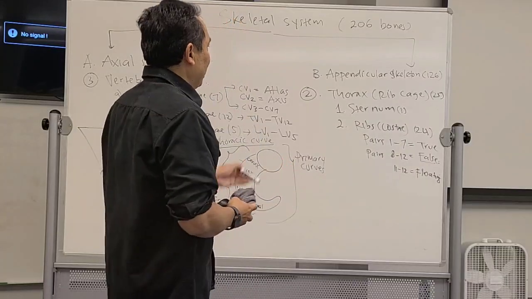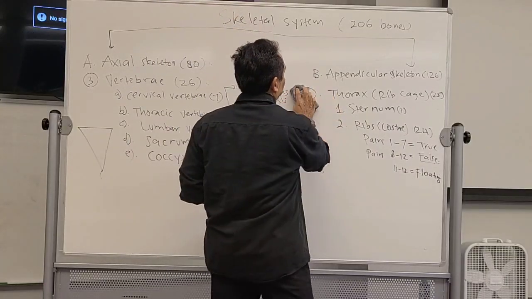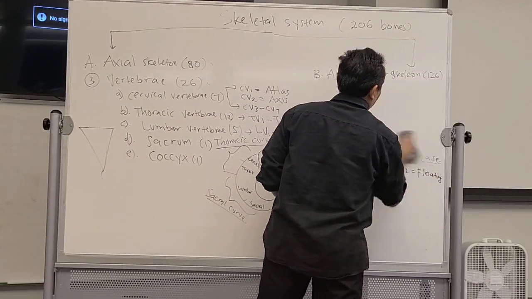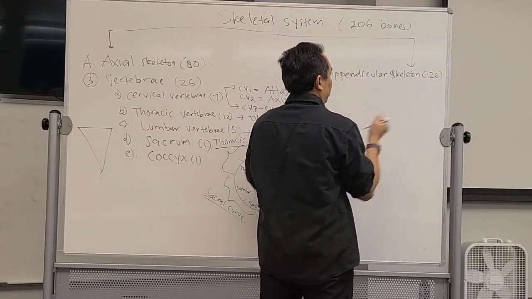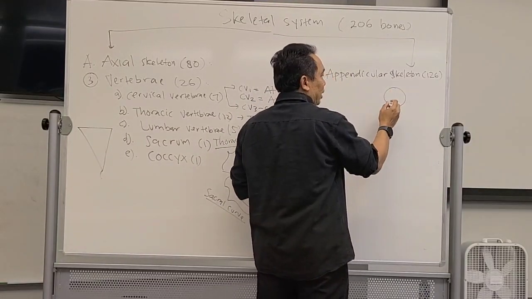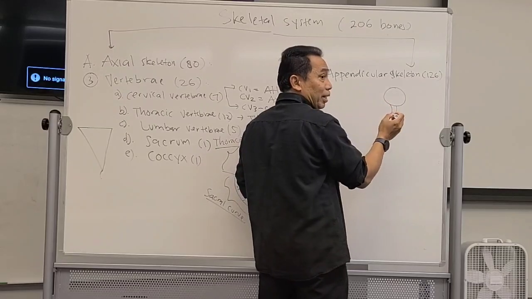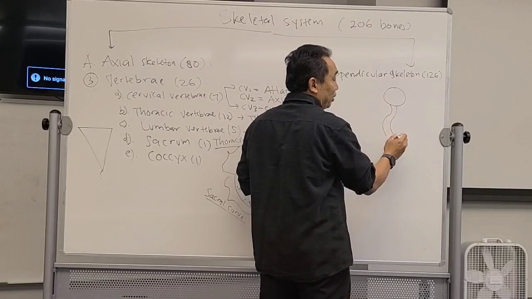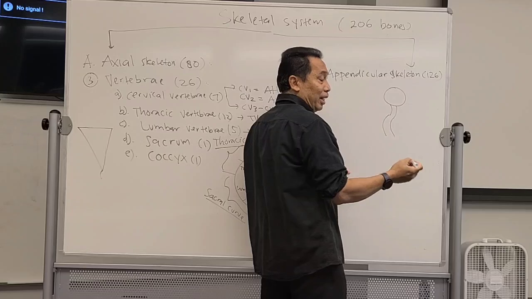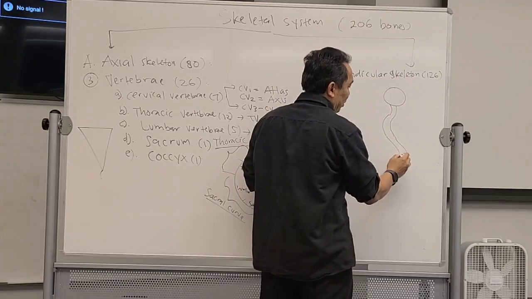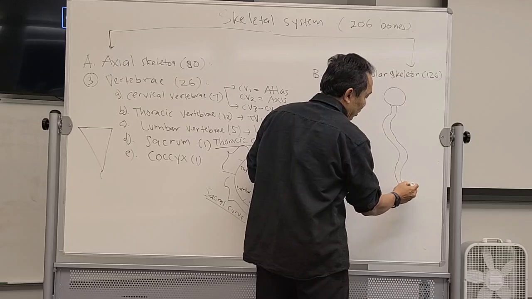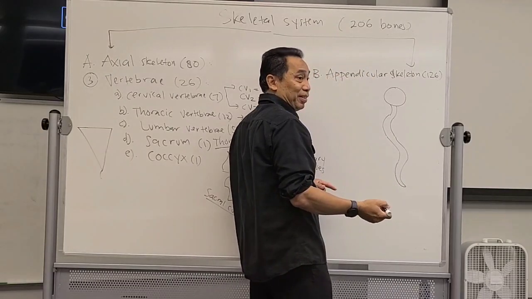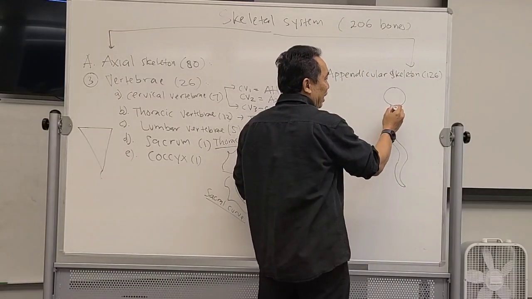Okay? I'm gonna erase this one. Now, look at when you are an adult. This is you. Then you have the neck over here, and then you have the thorax.